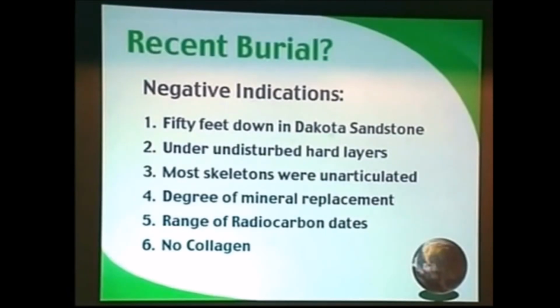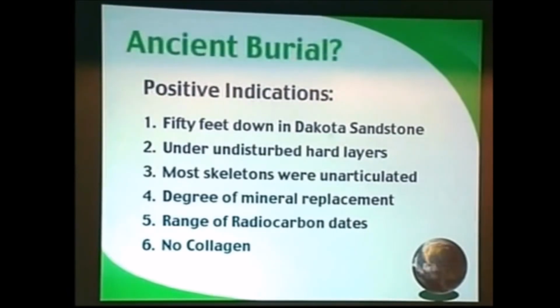Now, what could it have been? Well, maybe an ancient burial. Here, all of these factors then become positive indications, don't they? An ancient catastrophic burial, like Steno talked about, 50 feet down in the Dakota sandstone. Well, if you saw Jurassic Park, you'd understand why humans normally wouldn't be found around those things. But if you ever find them together, you know it's not because they're 100 million years apart. They lived in different places.